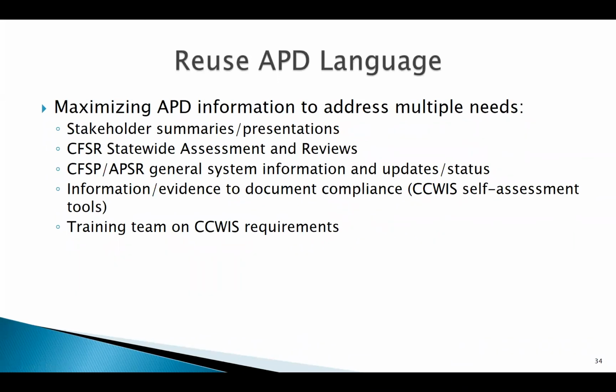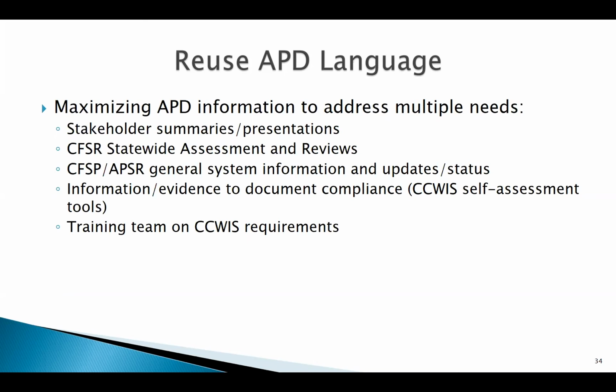Reusing APD language is also a time saver. We're not saying reuse them year after year from APD to APD, but there are a lot of activities, especially if you're on the business side in the child welfare program area, where information that you provide in your APD can be used to meet other federal report requirements or state requirements.